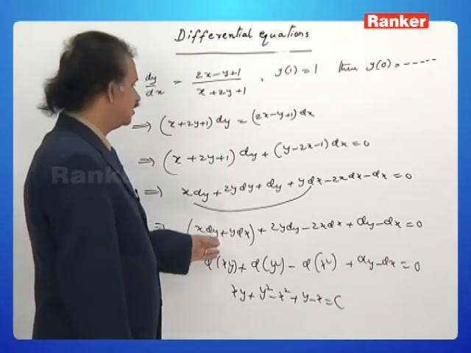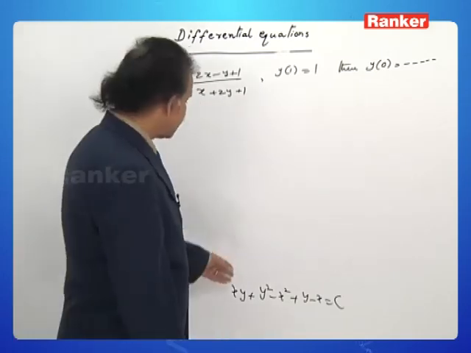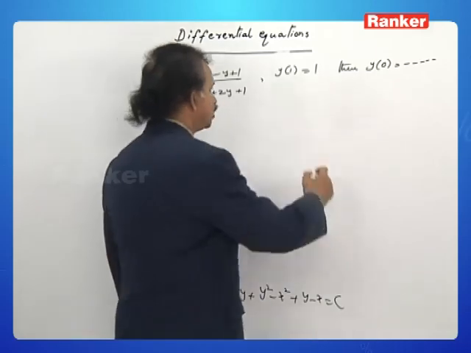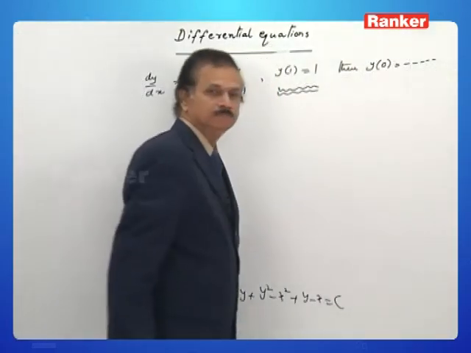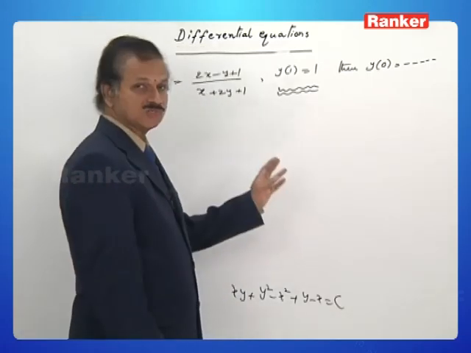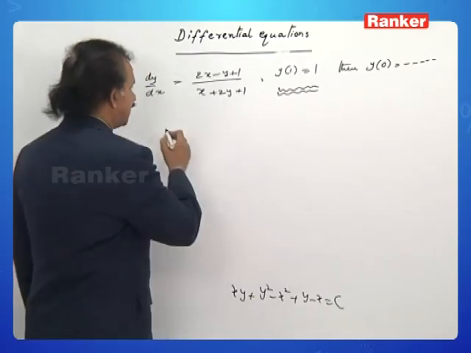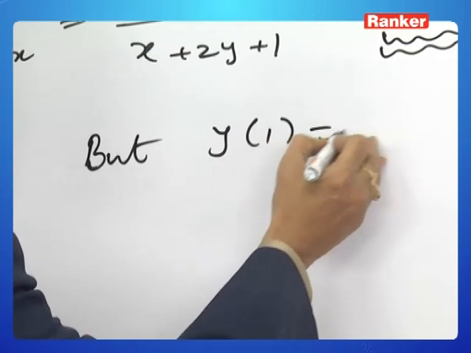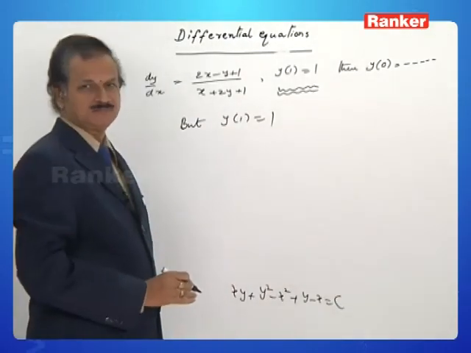We shall look at that. You please notice these steps. I like to remove them. This is of course the general solution we could have obtained. Now we are to use y at 1 is 1. Making use of that, we find y at 0. Let us try. But y at 1 is 1. What is the meaning of that? The curve passes through 1, 1, isn't it?